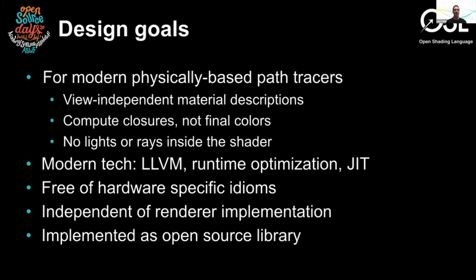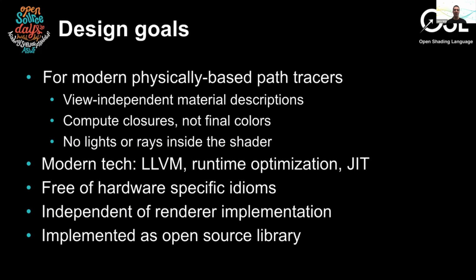So the core design goals for OSL is that we wanted to make a shading language that was really modern and geared toward today's and future physically based path tracers. A lot of the other languages out there that have been used for shading historically had really been designed around much older technology, older rendering methods, and had become a bit of a mismatch to where the rendering field had been going lately.